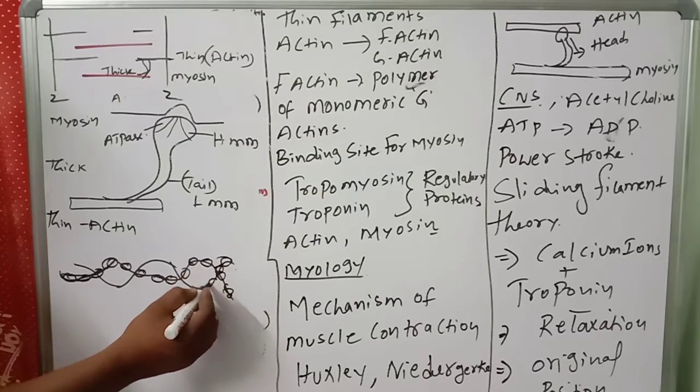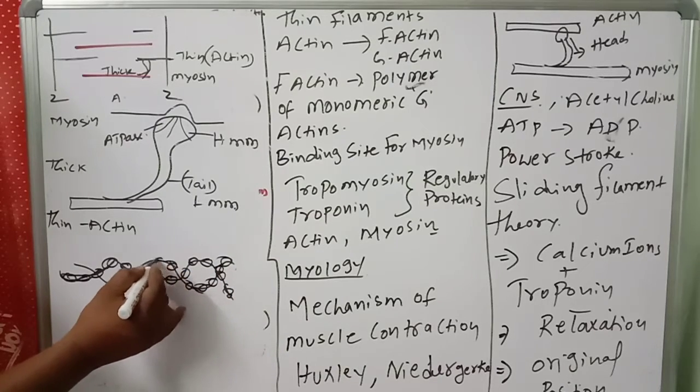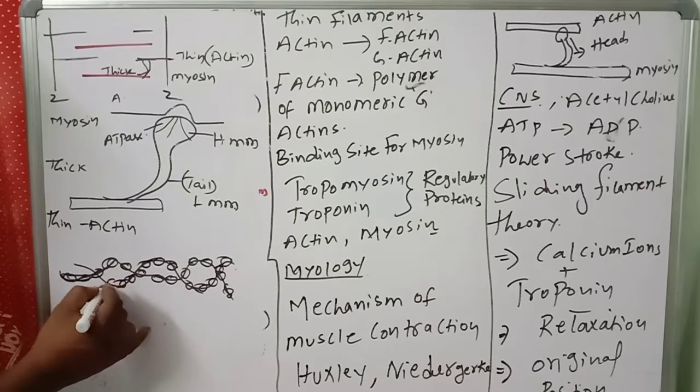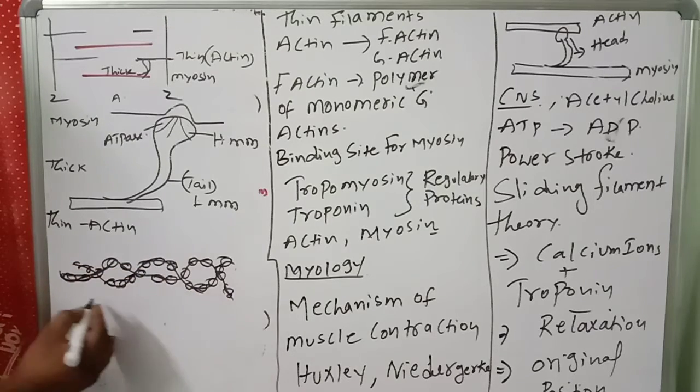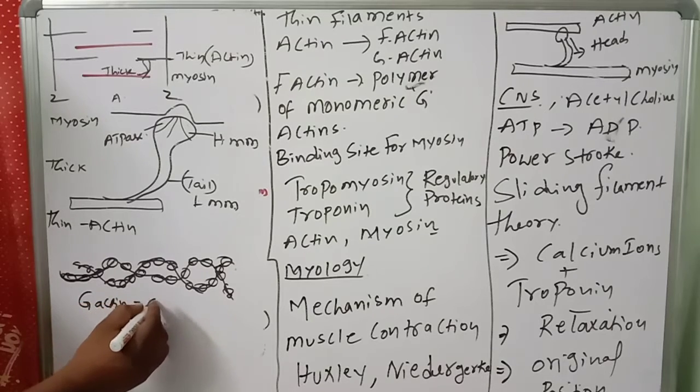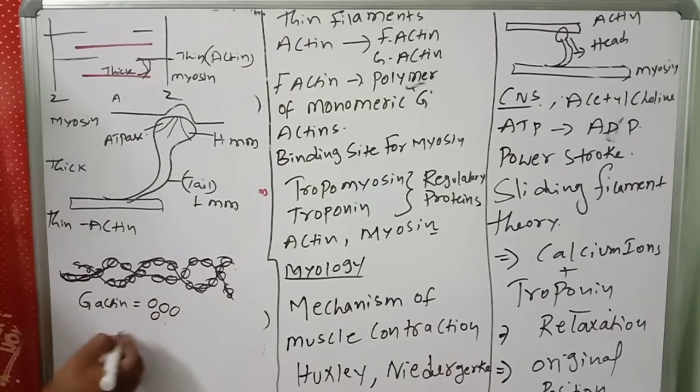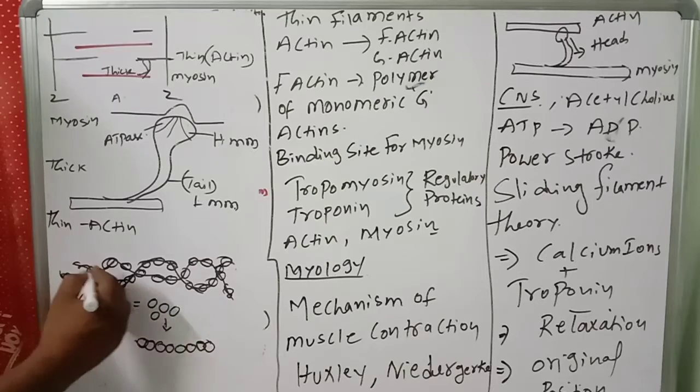All these globular actins together form a filament, like that. All G actins together form what is called filamentous actin.